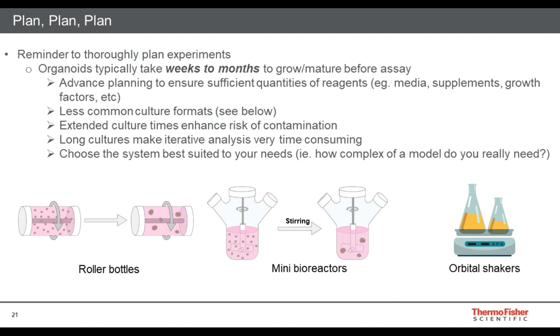This is done to help promote the maturation of different cell types, especially if you're talking about pluripotent stem cells. But the take home really is that because these are really long protocols, it's really important to plan ahead to make sure you have everything you need to sustain your culture through the term of the experiment, so that you don't go, oh, I've been culturing for a month, I've got one more month to go, and you find out you're in between orders, and suddenly you might not have material for the next media change.